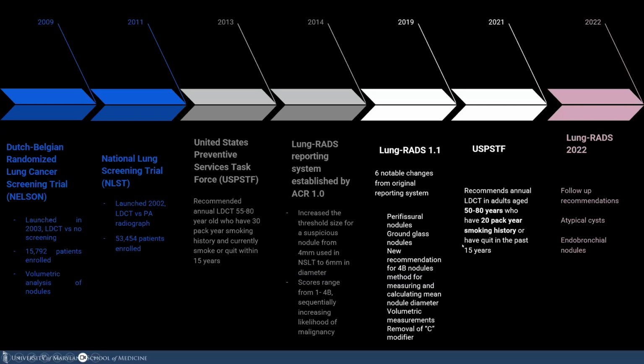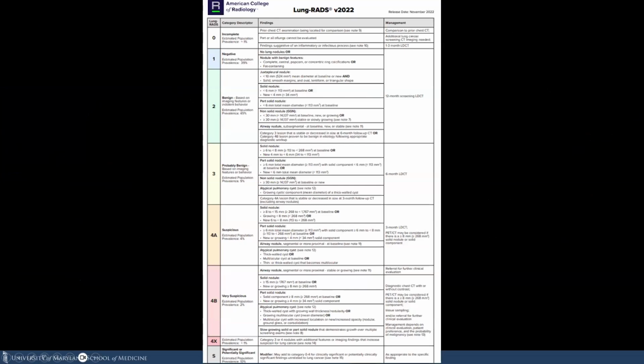And LungRads has gone through 2 different iterations. So the most recent is LungRads 2022, and they have different follow-up recommendations: say a patient has their first lung cancer screening CT, now they're coming in for a follow-up, how do you manage those findings? They also have a specific finding section for atypical cyst and endobronchial nodules. So let's talk about those.